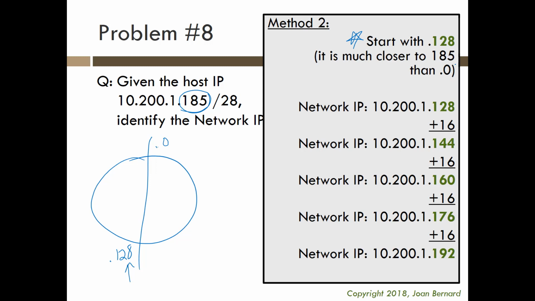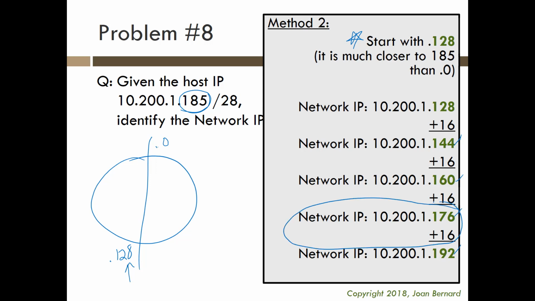So instead of having to start with 0, I'll start with 128 because it's on the second half. Then I'll add 16 to get 144, and then add another 16, 160, add another 16, 176, and add another 16, 192. When I do that, I can say, I'm looking for where 185 fits in. It's not going to go beyond 192.